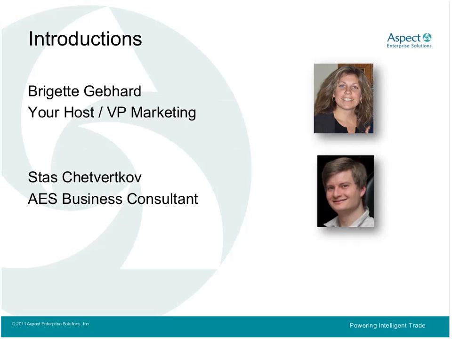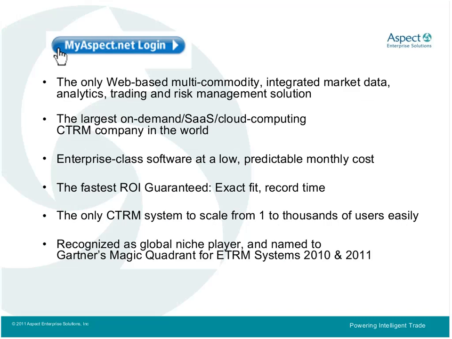Before turning over the webcast to Stas, let me tell you a little bit about our business. Aspect is the only company that delivers a web-based multi-commodity solution that integrates market data, analytics, trading, and risk management applications on one platform. We deliver enterprise-class applications on the internet at a low, predictable monthly cost. This means there's no software to install or maintain. You can log in from anywhere in the world and get everything you need to monitor markets and trade.